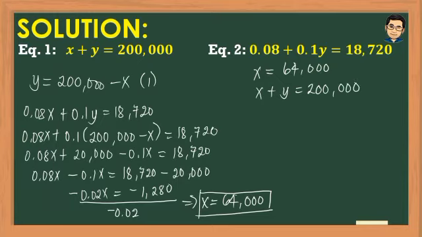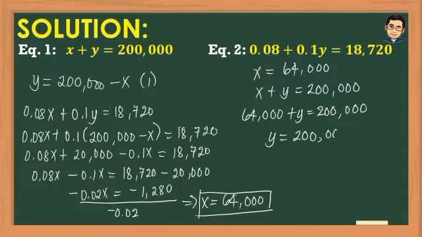So, x is 64,000 plus y equals 200,000. And then, yung 64,000 lipat natin sa kabila. So, magiging y is equal to 200,000 minus 64,000. So, kahit na walang peso sign dito sa ating solusyon, make sure sa final answers natin, i-include po natin yung peso sign.